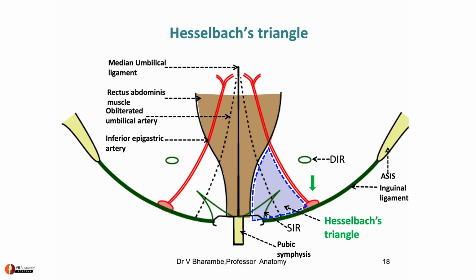Any hernia that is coming out through Hesselbach's triangle is called a direct inguinal hernia. The triangle is further subdivided into medial and lateral parts by the presence of the obliterated umbilical artery here. This part is medial, this part is lateral.